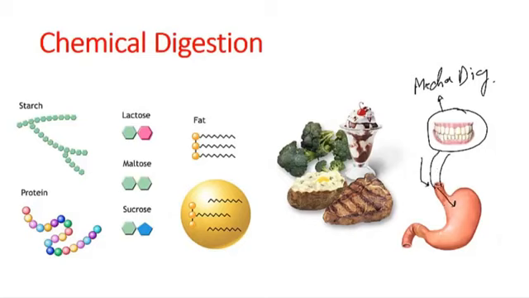Inside the stomach, two types of digestion take place: a little bit of mechanical digestion and a little bit of chemical digestion as well. The small particles are then mixed with hydrochloric acid secreted by the stomach cells. This acid helps break down some protein fragments. So protein digestion begins in the stomach.